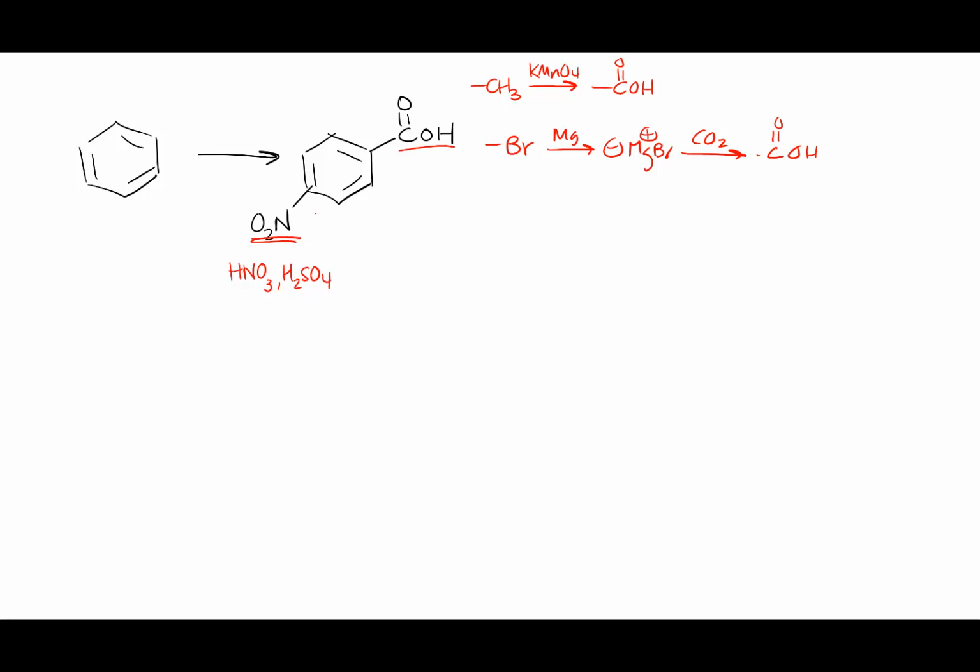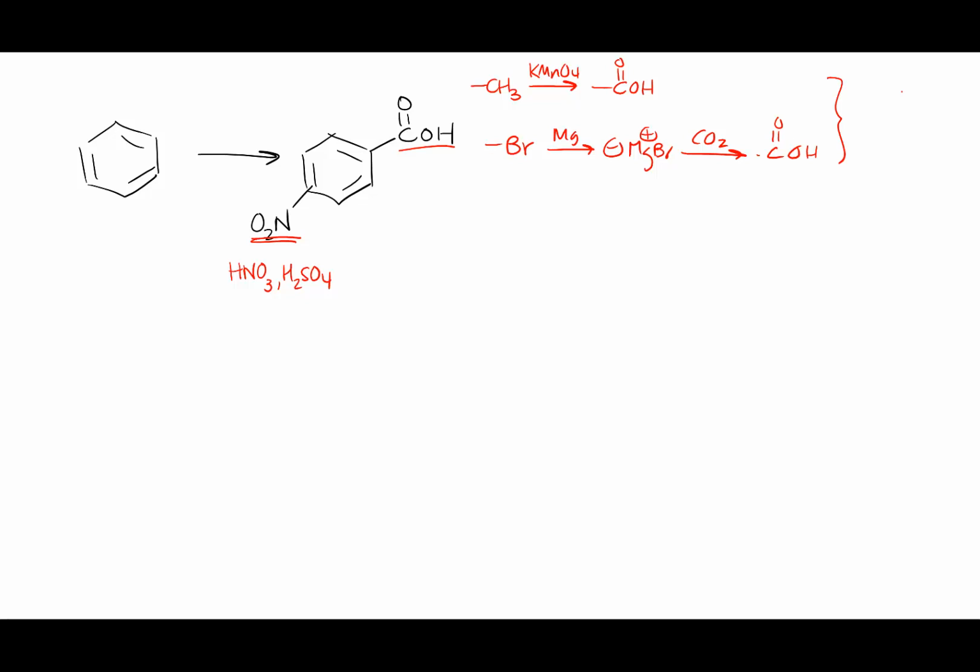So how am I going to get these 2 things para? Well, let's look at our sequence of reactions and see, is there a group that I could add that would be an ortho-para-director, and then add the other group before I convert the first ortho-para-director into the final compound.